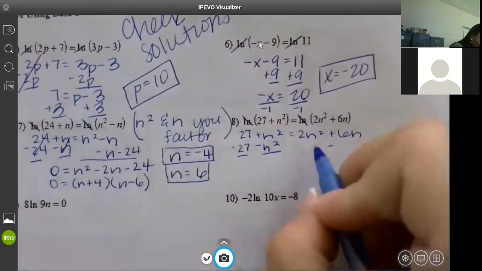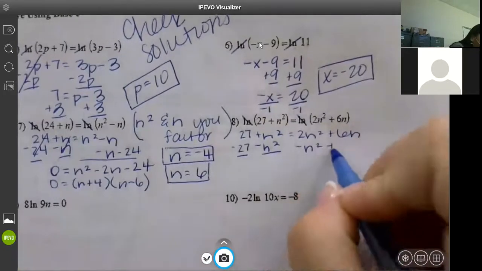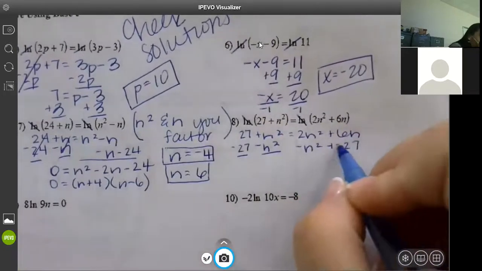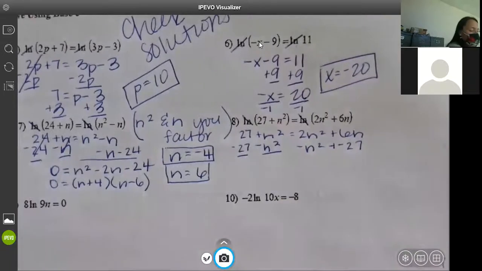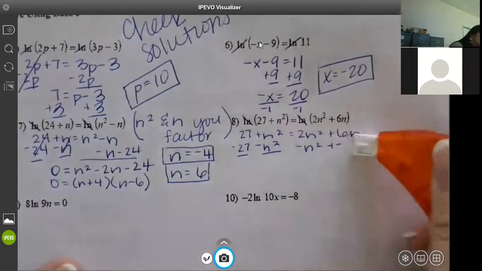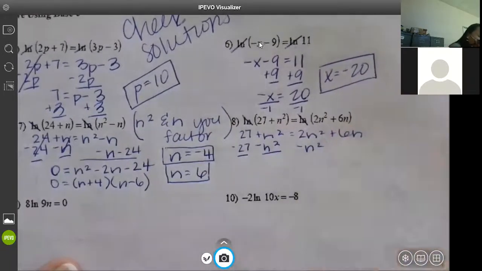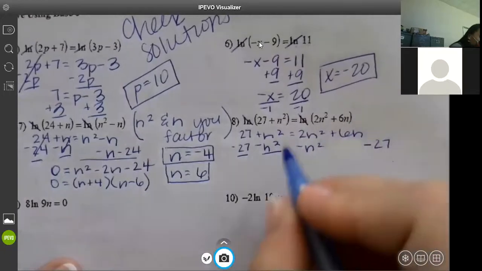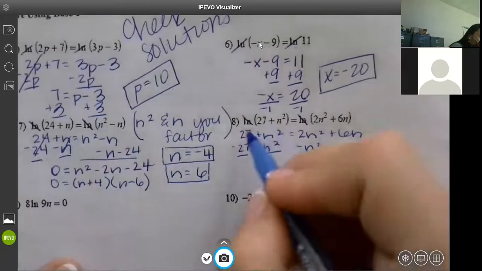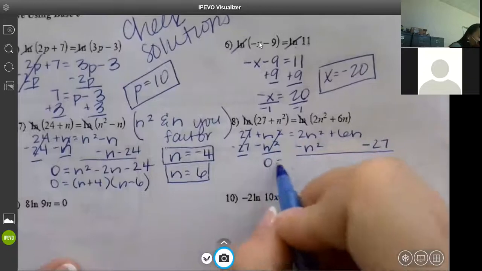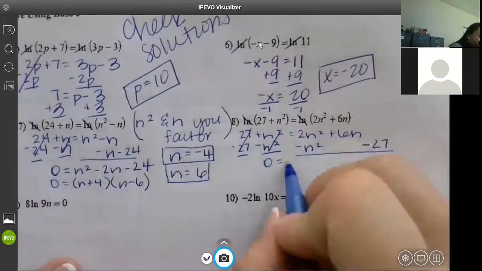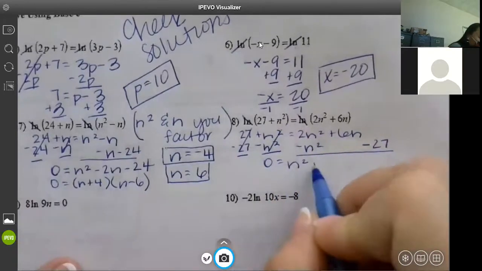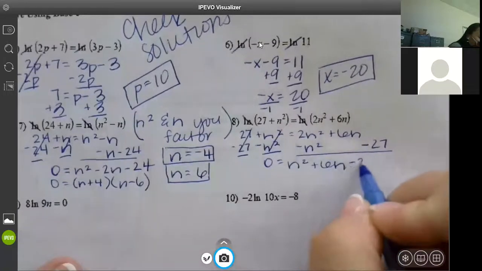So minus n squared and minus 27. So this gives you 0 equals 2 minus 1 is 1n squared. I have a 6n and a minus 27.